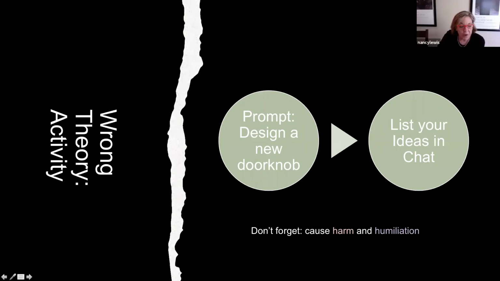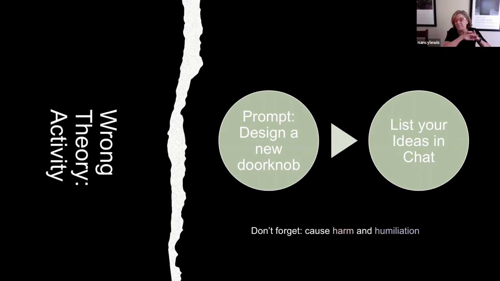So we thought we'd use the chat and invite you to list your ideas for designing a new doorknob, now that you've just very quickly been introduced possibly to wrong theory. Think about doorknobs that could cause harm and humiliation.